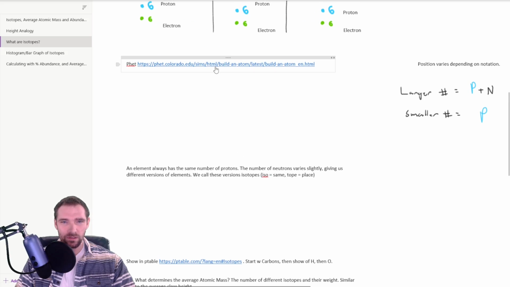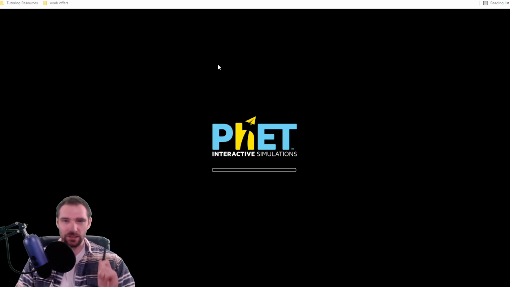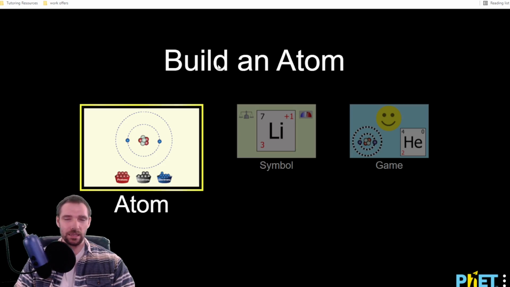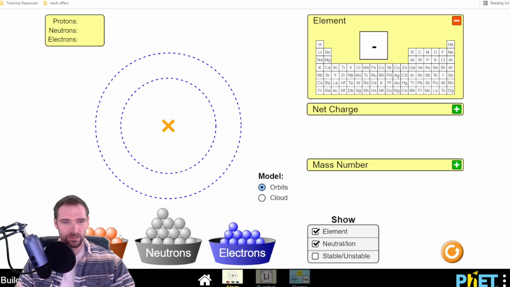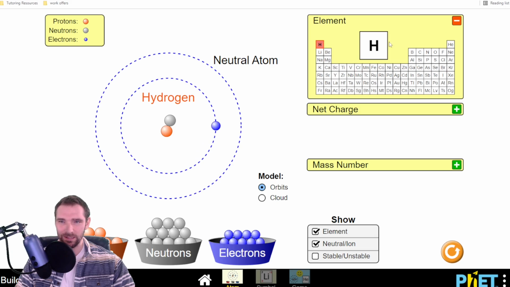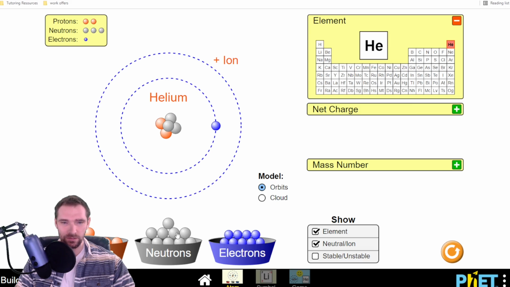I want to show you also real quick the simulation to help you get a good understanding of how this works. So you can see with this that you can actually build some things on the periodic table, and it's pretty cool. It lets you build these different elements, and then you can also see, hey, if I change my neutrons, does that change my element?